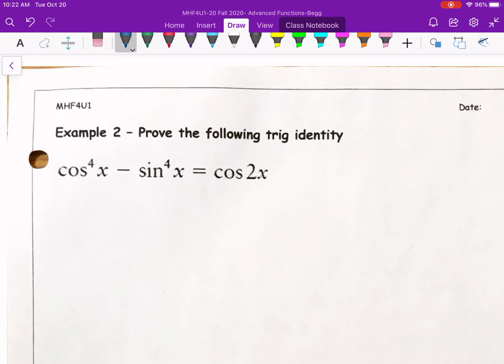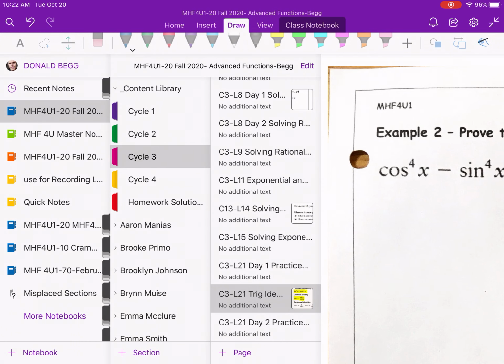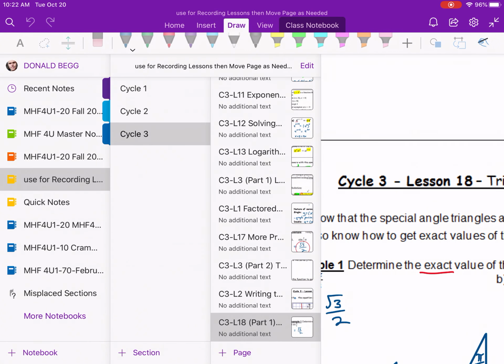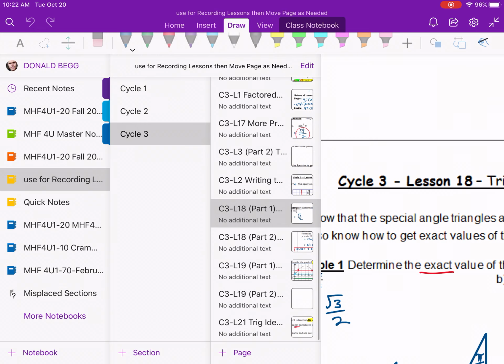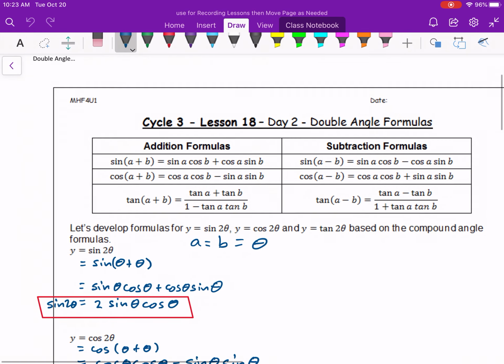So if I just go back to those, let's see if I can find those quickly in our notes. Was it here? Yes, it was here.